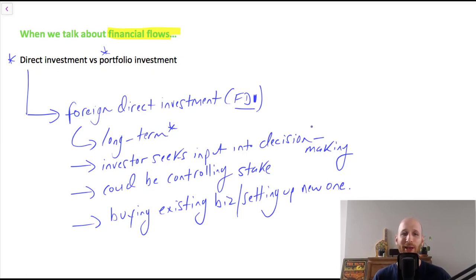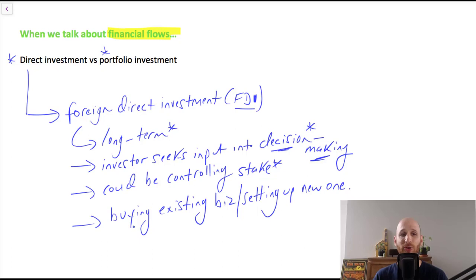The investor, so the person moving their money internationally, wants input into decision making. They don't want to sit on the sidelines and let someone else take total control. They want some input. So foreign direct investment could also be a controlling stake where the investor owns the majority of shares and essentially runs that business.